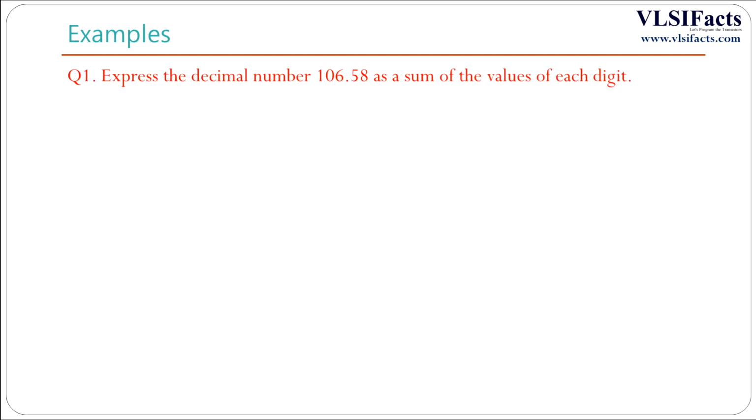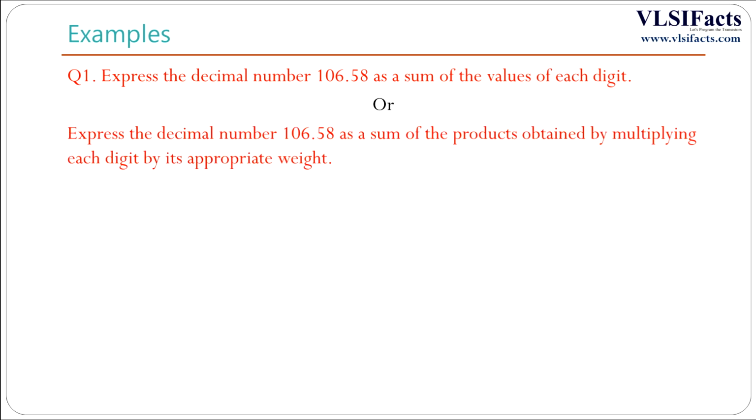The first question is express the decimal number 106.58 as a sum of the values of each digit. The same question can be asked in a different way.